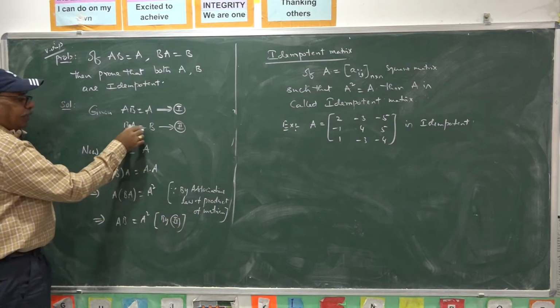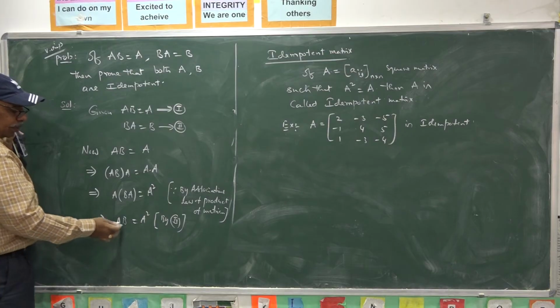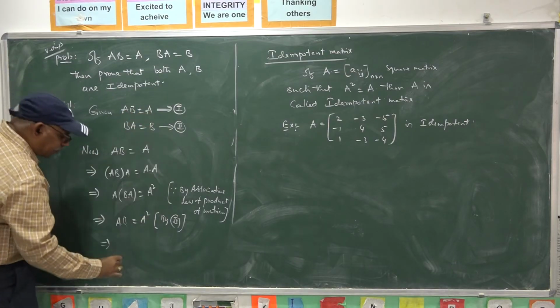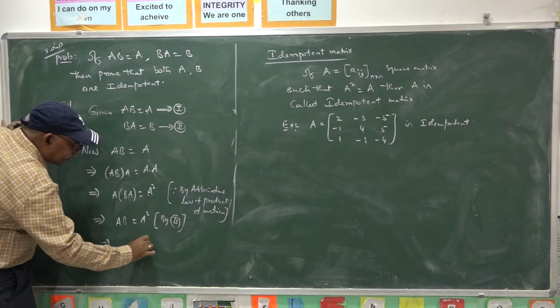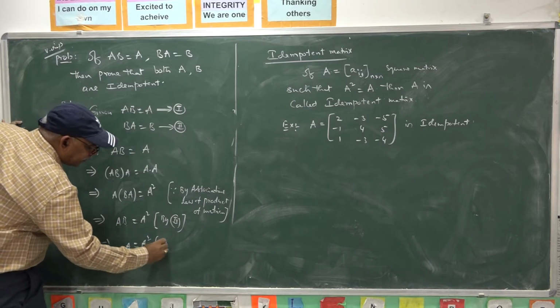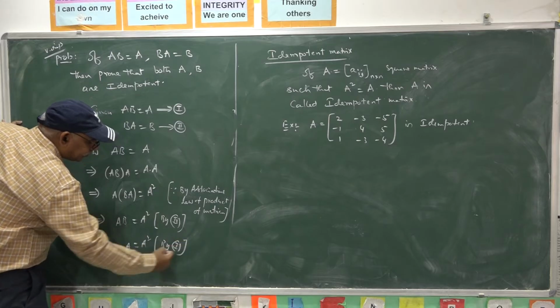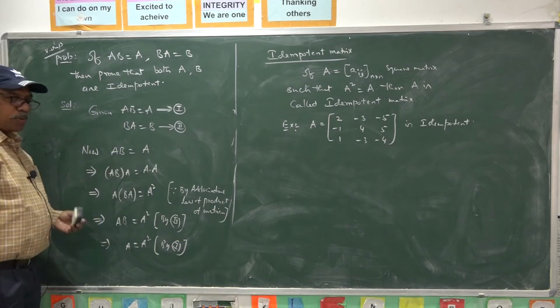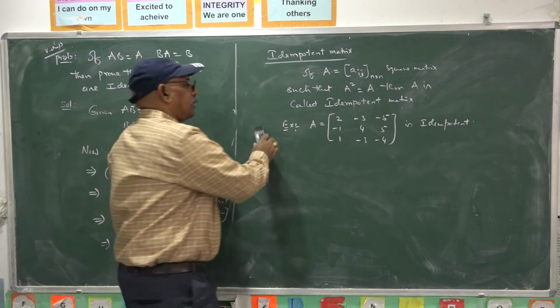I am using BA as B here. AB equal to A square. But what is AB? AB is A itself. So A equal to A square from 1. So A square equal to A. Hence A is idempotent.